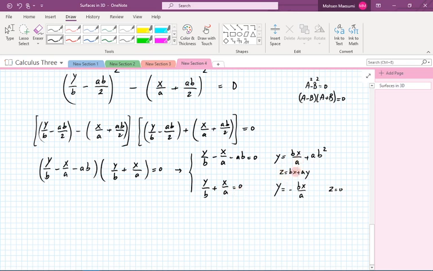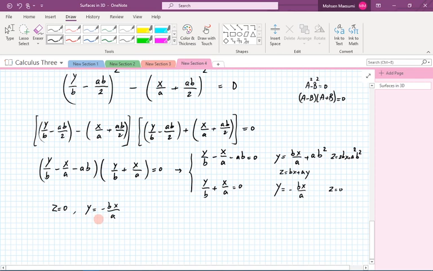In this case, if I take bx plus ay, if I multiply this thing by ay, I will get bx plus a squared b squared, and so my z in this case becomes 2bx plus a squared b squared. So the intersection of these two planes, we have the intersection is either you're sitting on the xy plane with z equal to 0, and in that plane y is equal to minus bx over a.